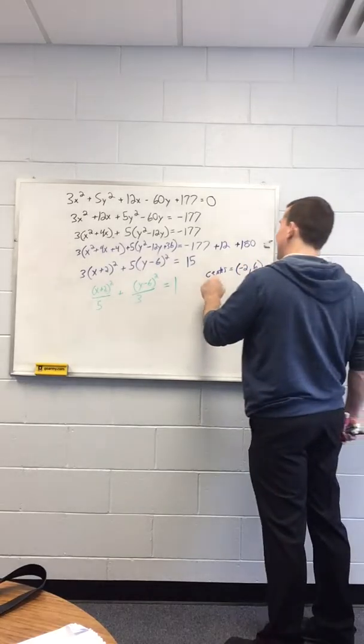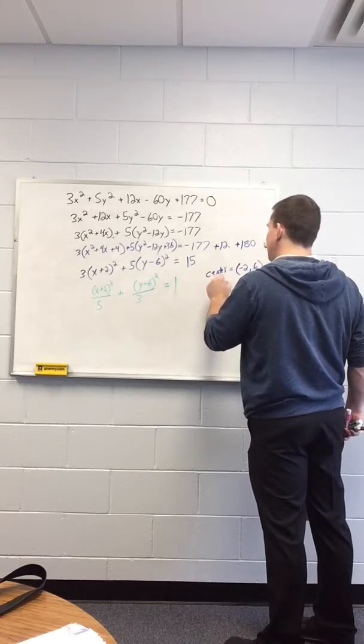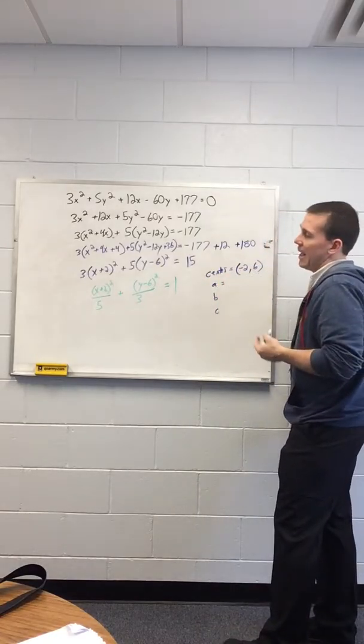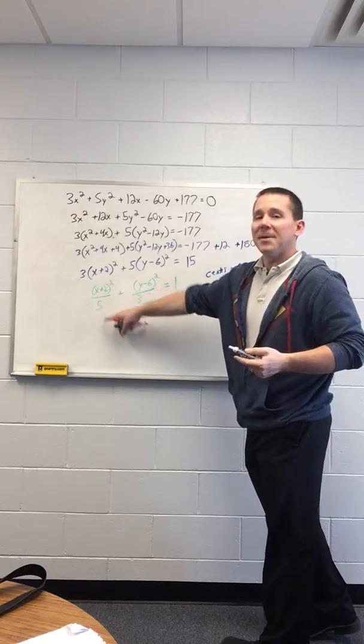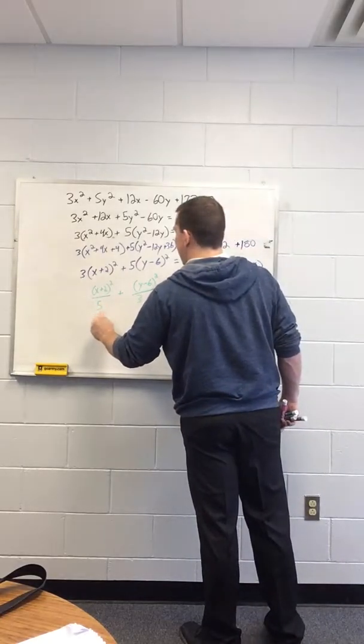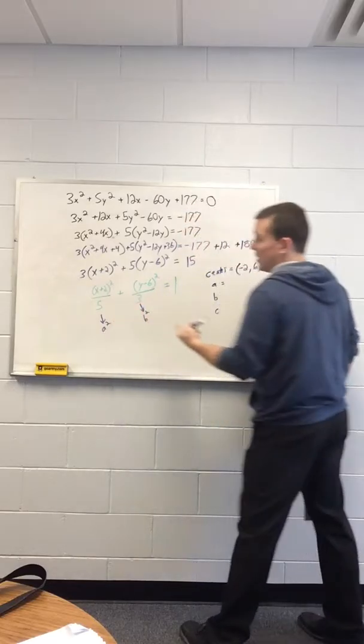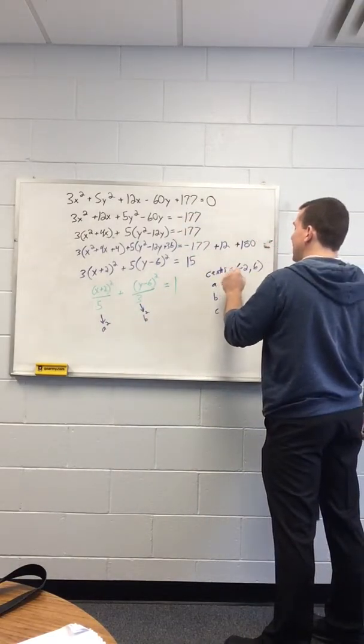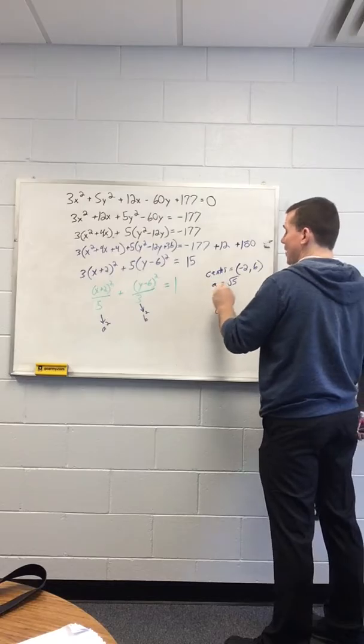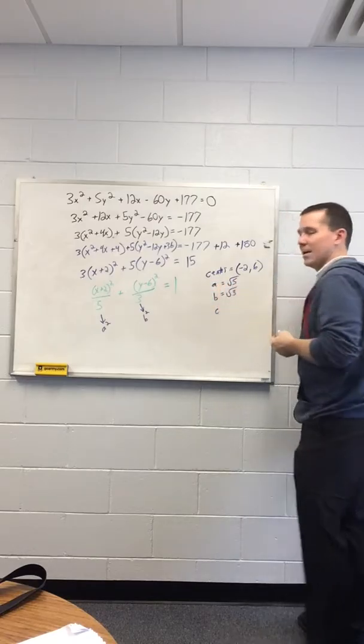Then I just need to find my A, my B, and my C. Keep in mind on your equation, that is not A, that's A squared. This is B squared, which means if A squared is 5, A is root 5. If B squared is 3, B is root 3.